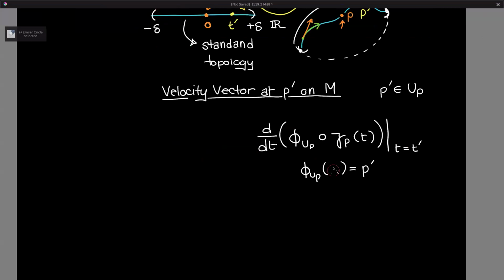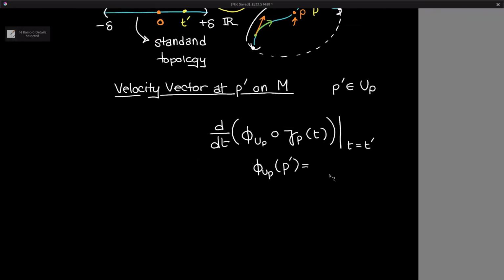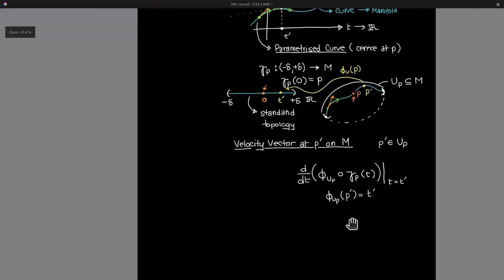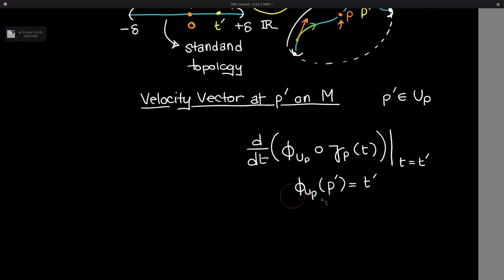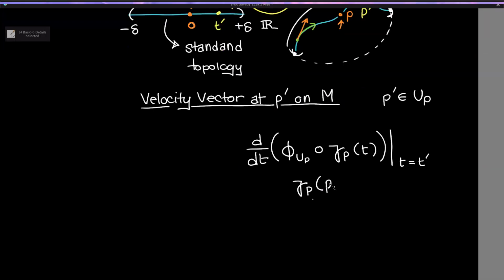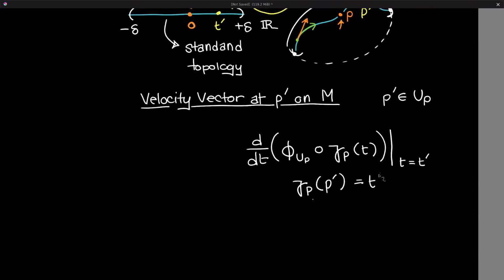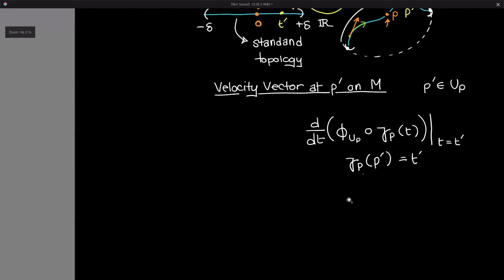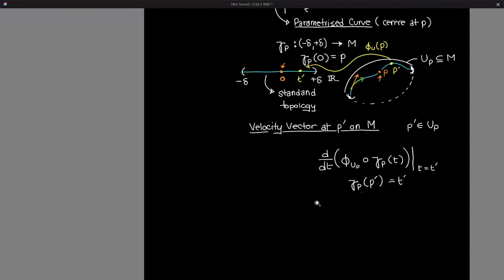Oh, right, this would have to be the other way around. This takes points on the manifold and gives us points in the real space. Oh, sorry, no, that's not it. Gamma p of p prime is equal to t prime. Yes, that's right.